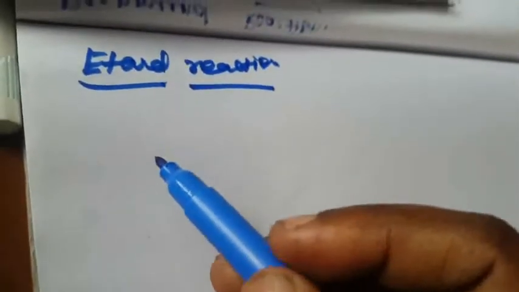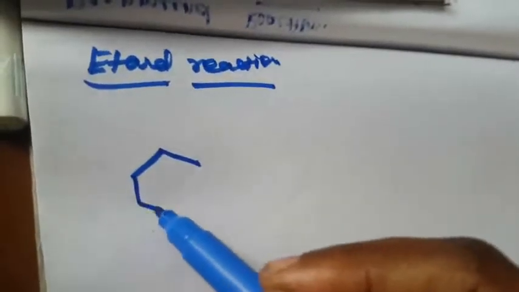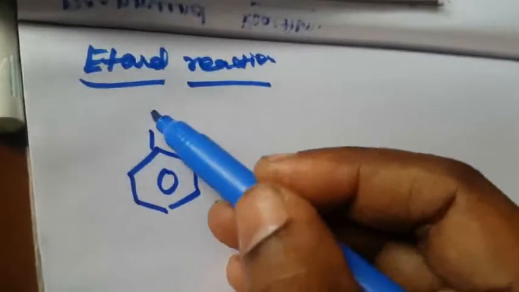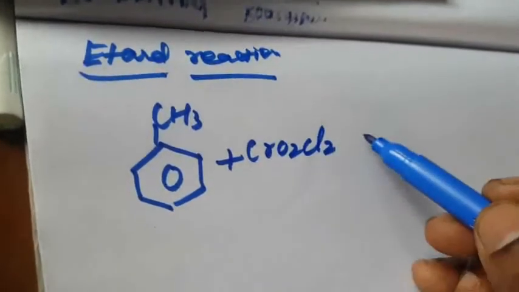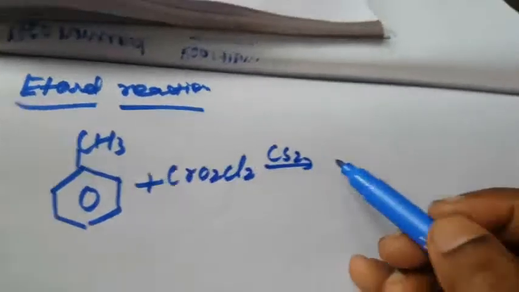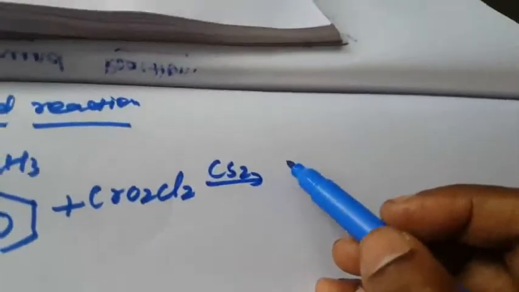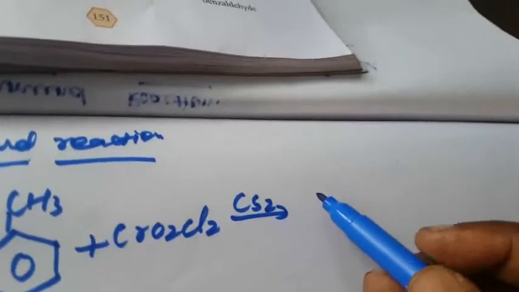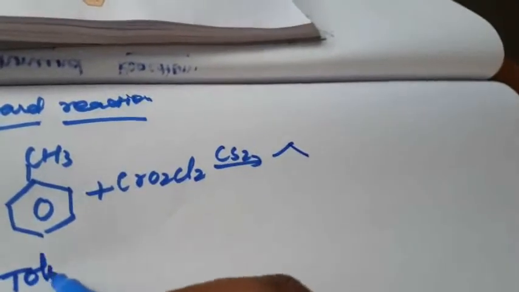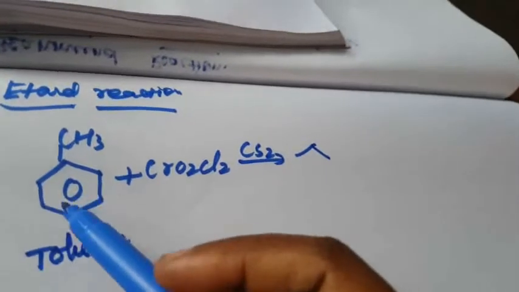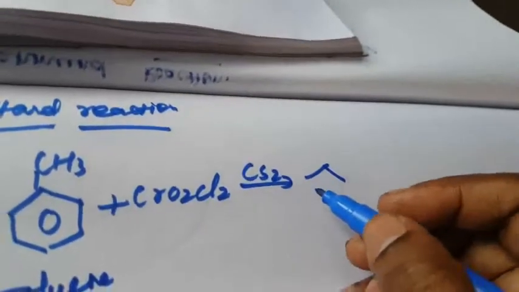The first one is methyl benzene, so that is the benzene ring with CH3. Then chromyl chloride, CrO2Cl2, in the presence of carbon disulfide. What is this compound name? Toluene. I already told you in the previous lesson, benzene with CH3 is called toluene.